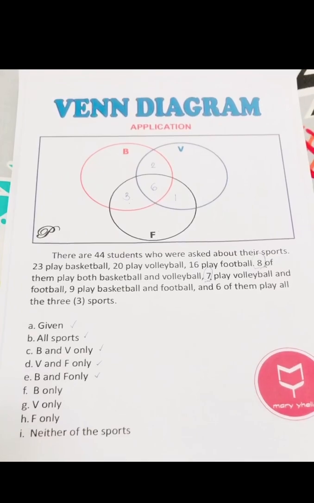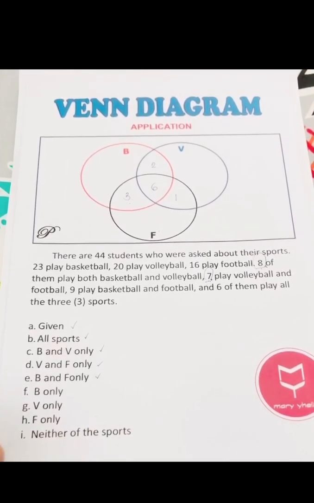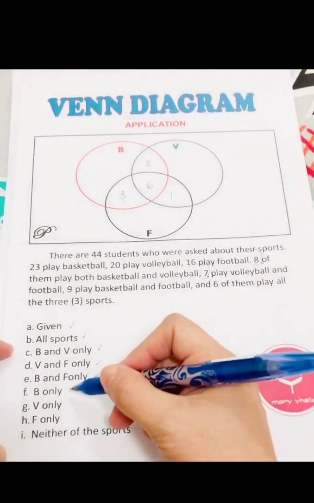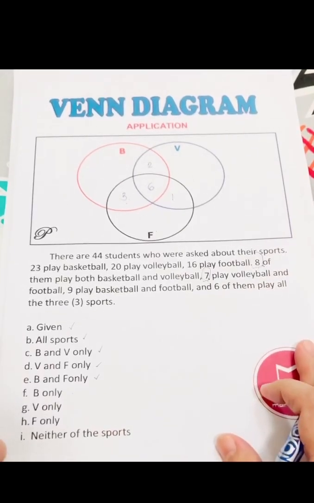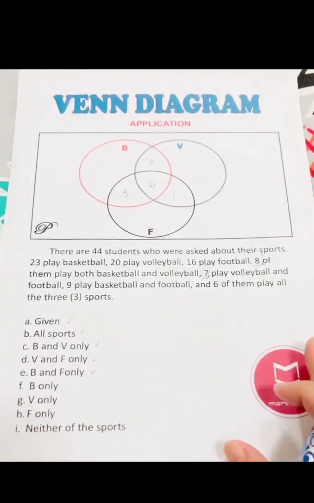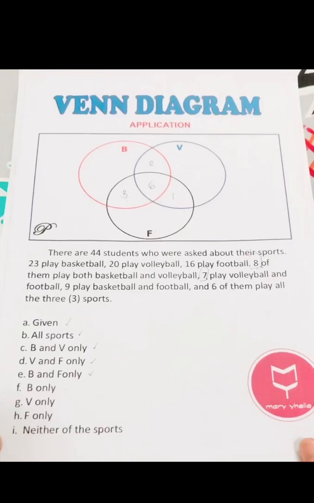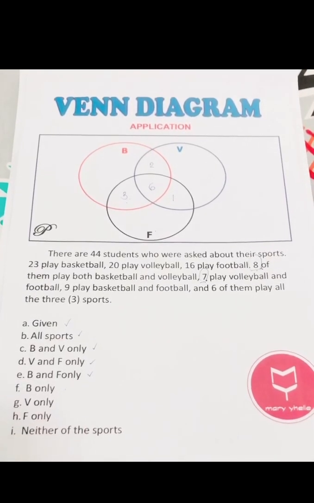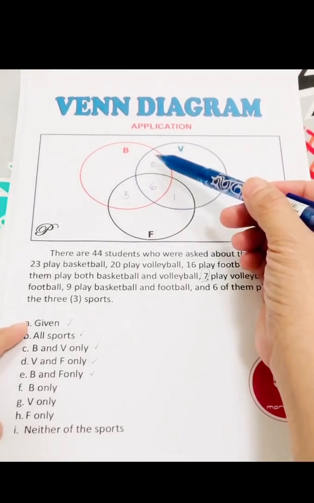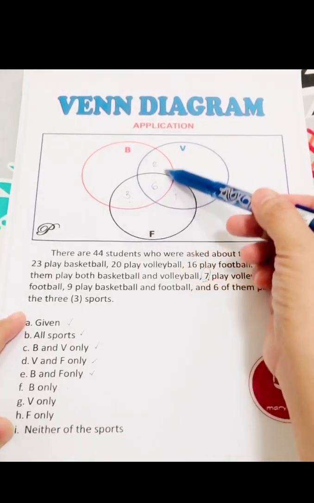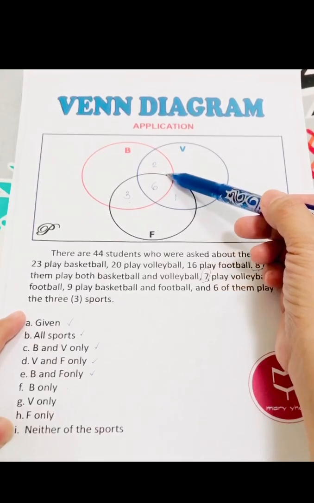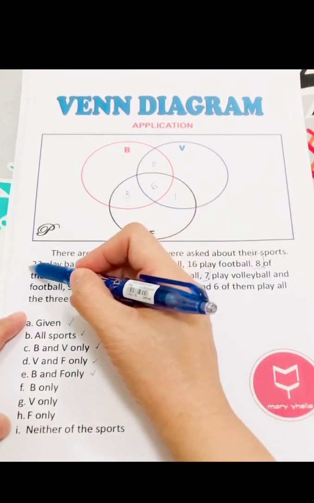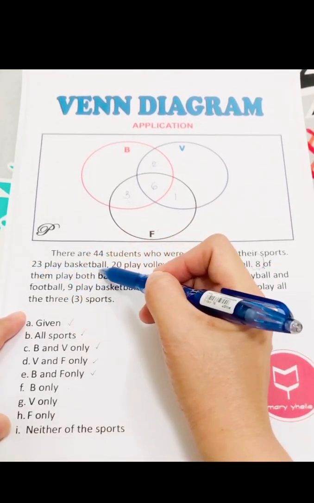Now, how are we going to know how many are the students who played basketball only for the next question? Just like what we did on the first diagram with the 2 treatments A and B, we are going to add all of this inside circle B and then subtract them from the total number of students who play basketball.